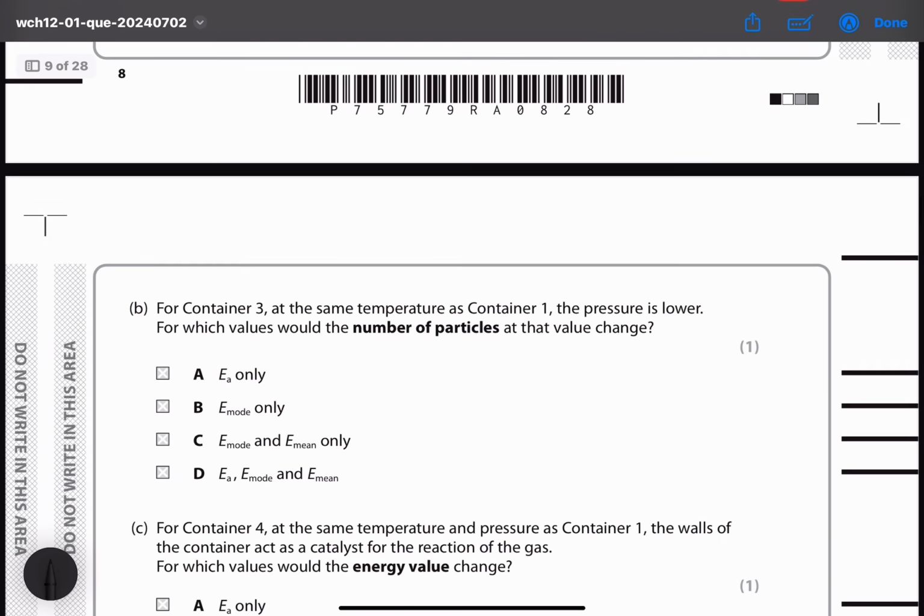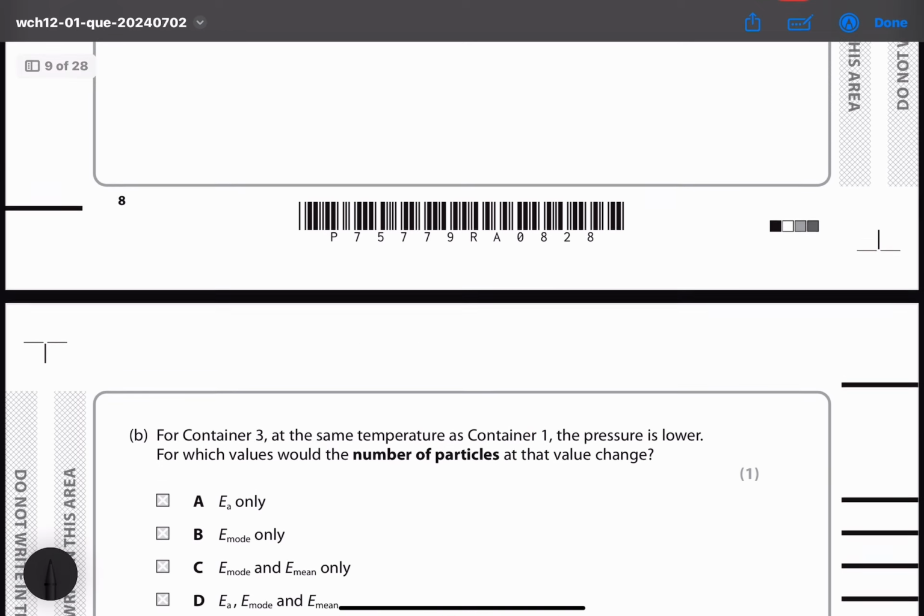Then for container 3, the same temperature as container 1, the pressure is lower, for which value the number of particles at that value changes. Okay, if the pressure is lower, that means the volume has been increased. If the volume is increased, that means in a fixed space, the number of particles actually changed, right?